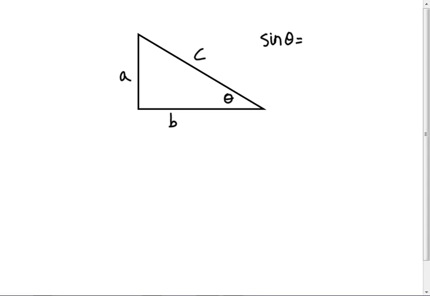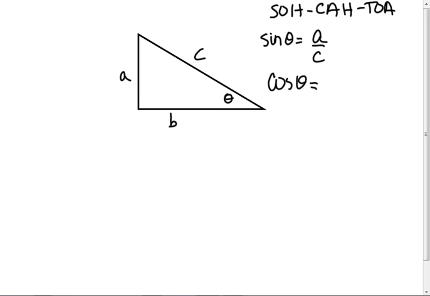Remember SOHCAHTOA? So that's A over C. What's the cosine of theta? The adjacent over the hypotenuse, which is B over C. And the tangent of theta is A over B.